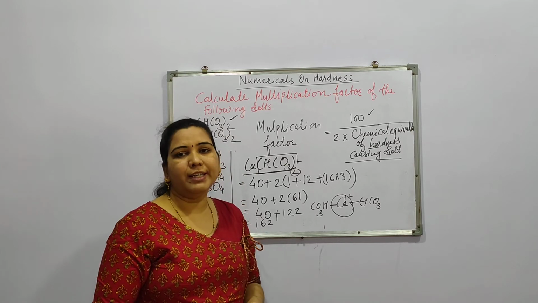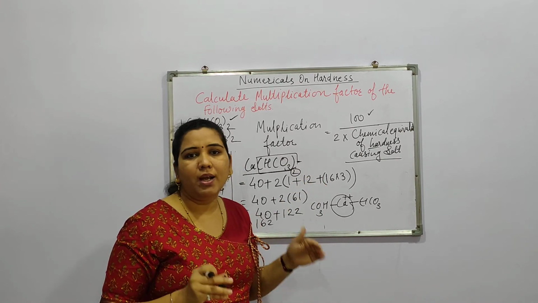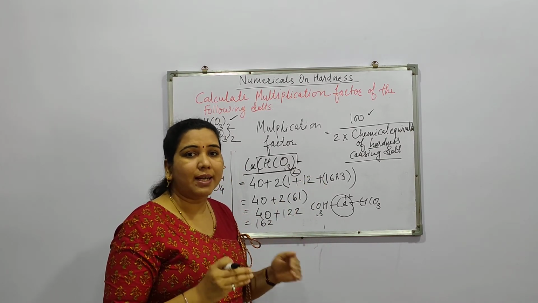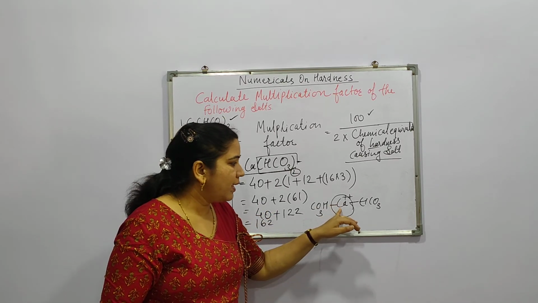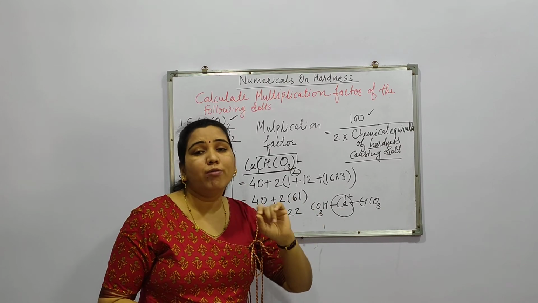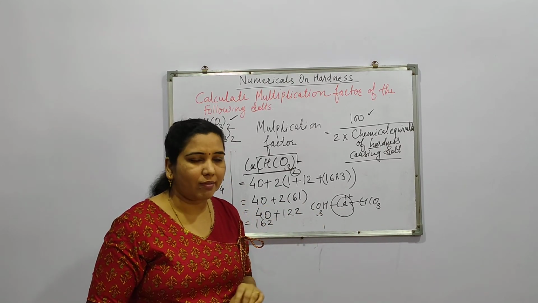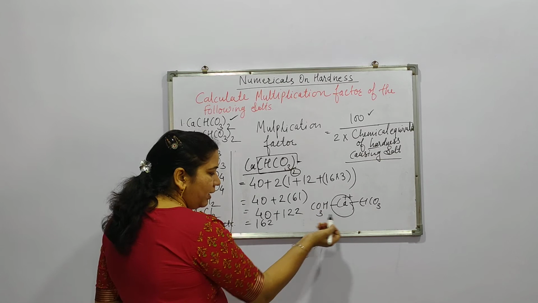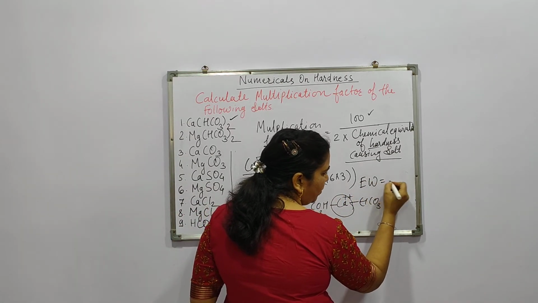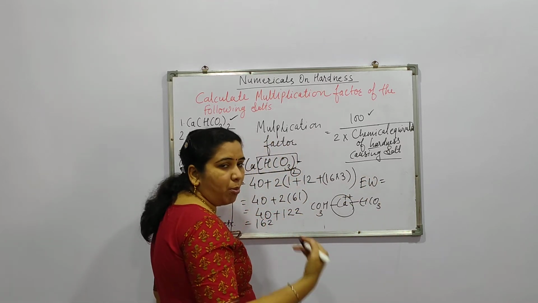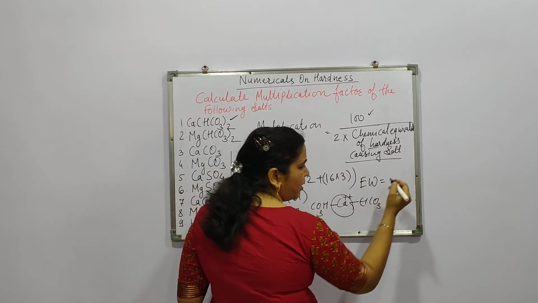So whenever we calculate equivalent weight, we have to divide the molecular weight by the valency of the positively charged central metal ion. So what will be the equivalent weight? We can write EW is equal to molecular weight upon the charge of the central metal ion.